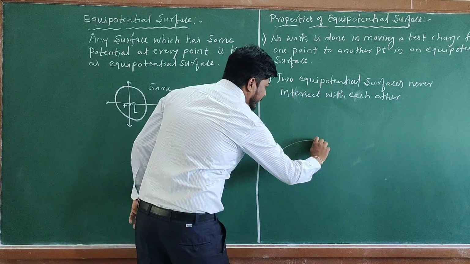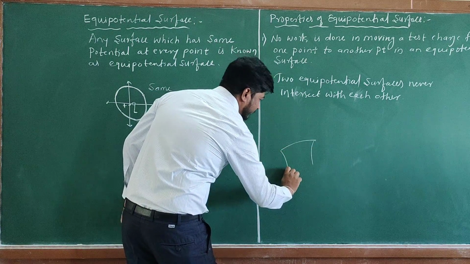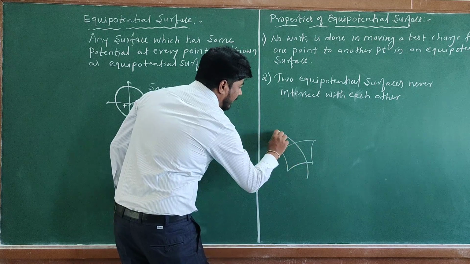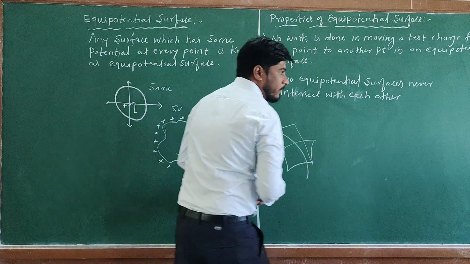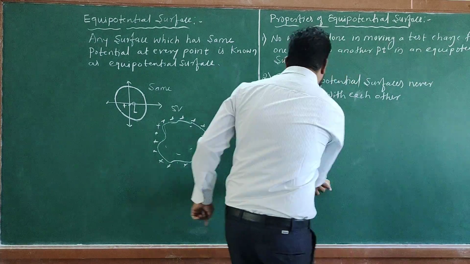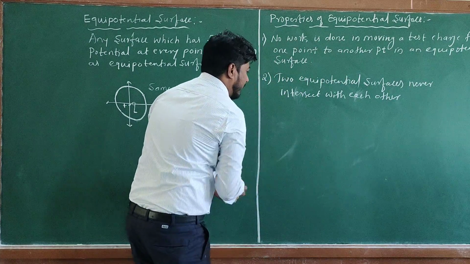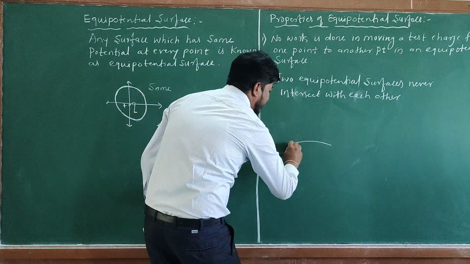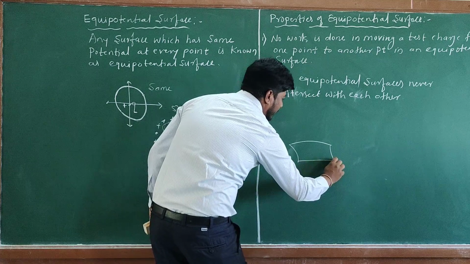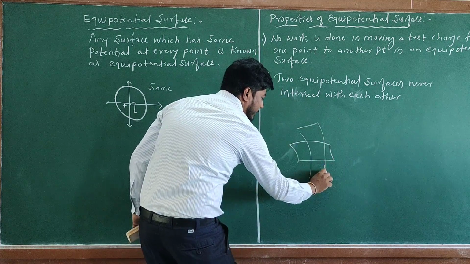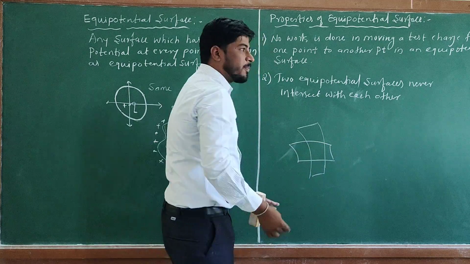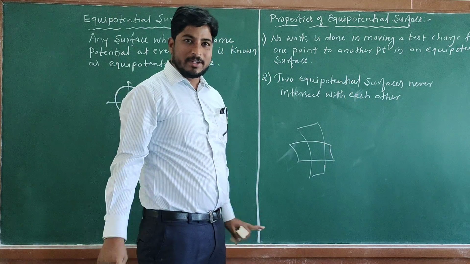This is one equipotential surface. This is supposed to be another equipotential surface. Say there are two equipotential surfaces. These two equipotential surfaces never intersect with each other.